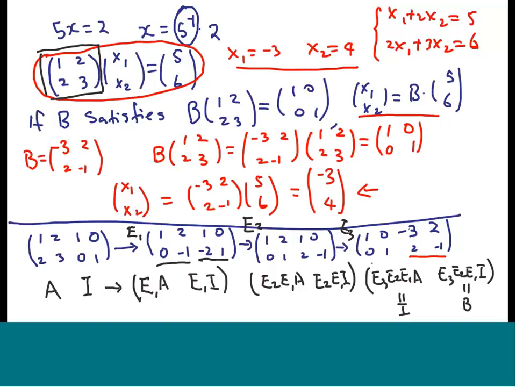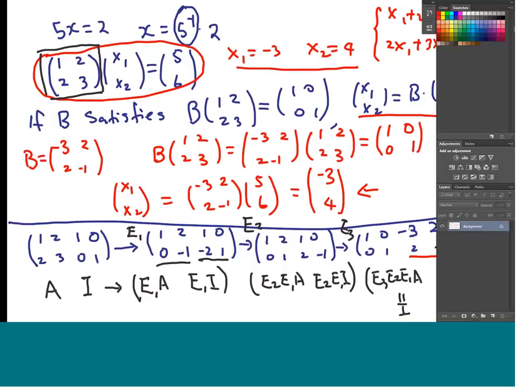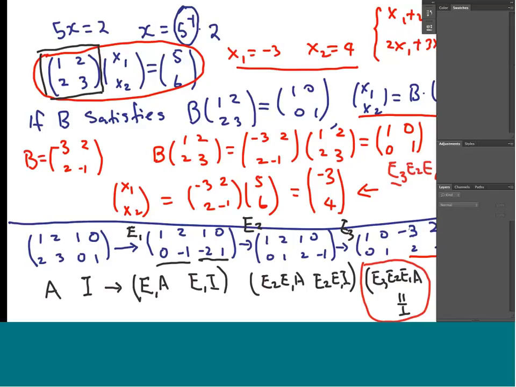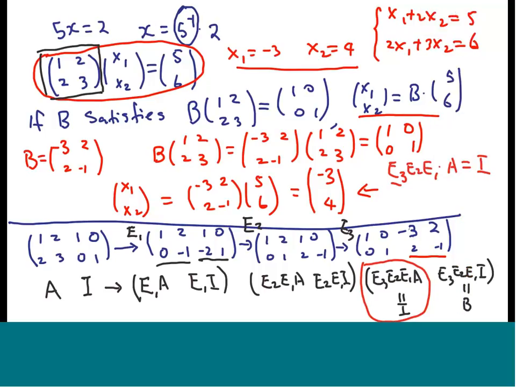So what you see here is a very important observation. Here you have E3 times E2 times E1 times A equals I, which means if you have B here, then B times A is I already.